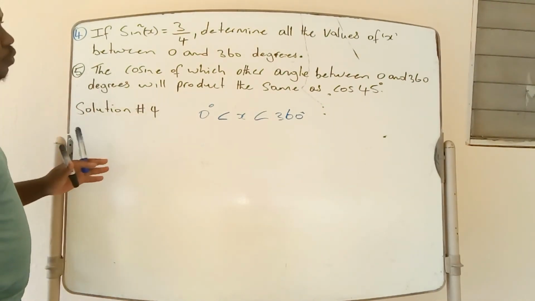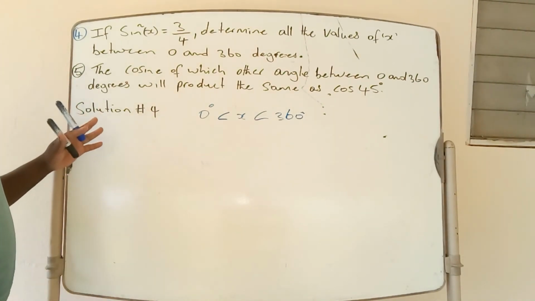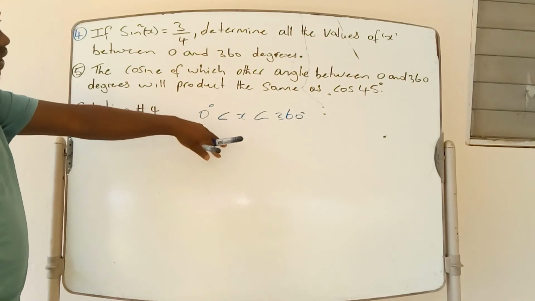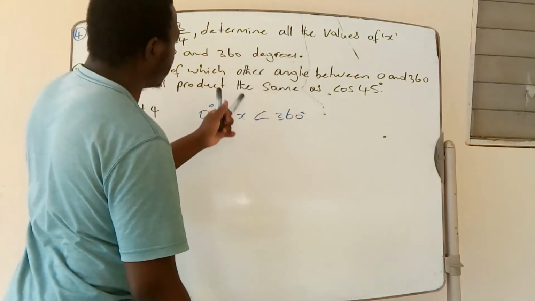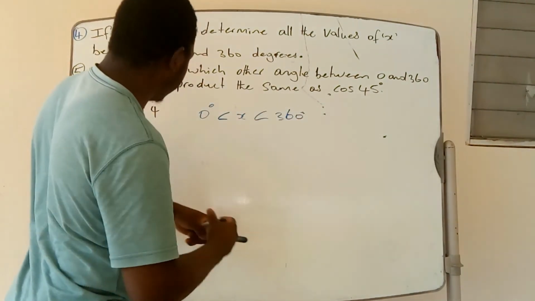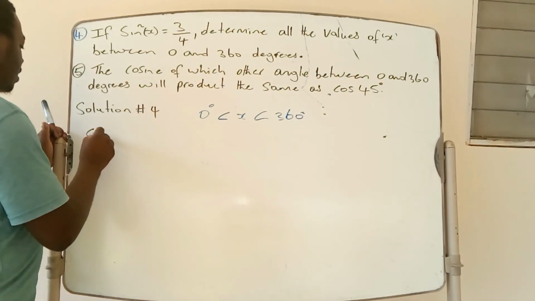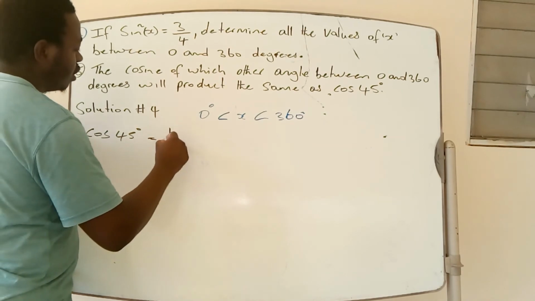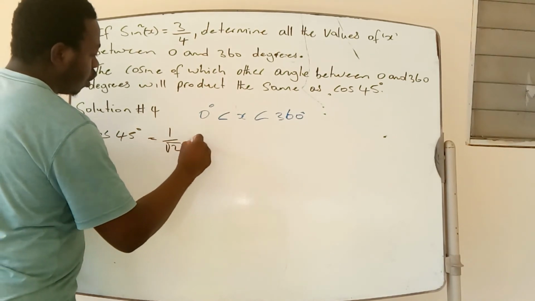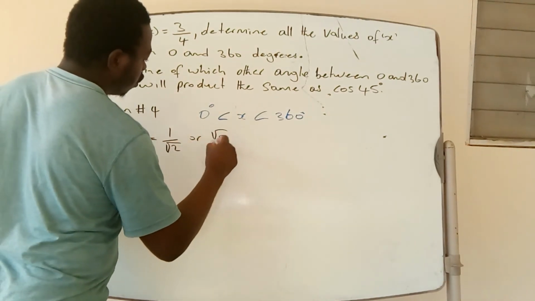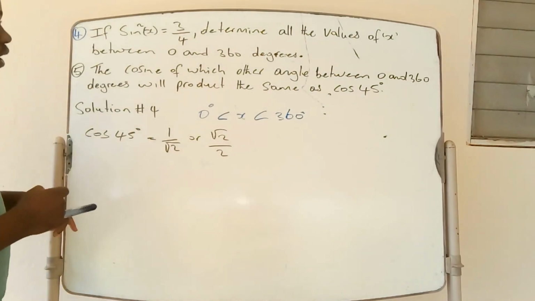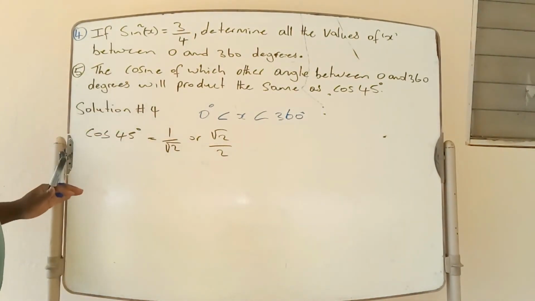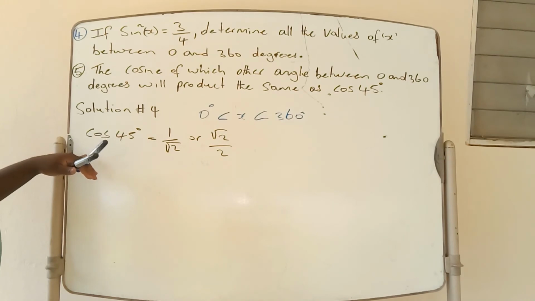And they want us to determine which other angle in this range will give us the same result as cos 45. So we know that cos 45 degrees is actually equal to 1 over root 2 or root 2 over 2. Right?